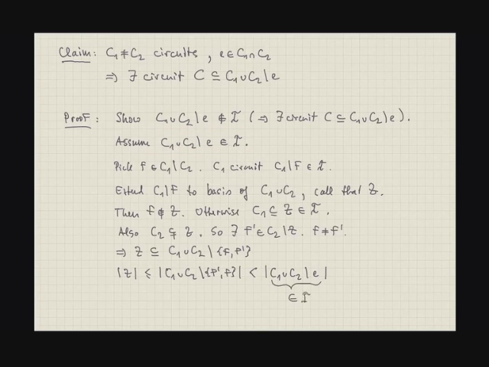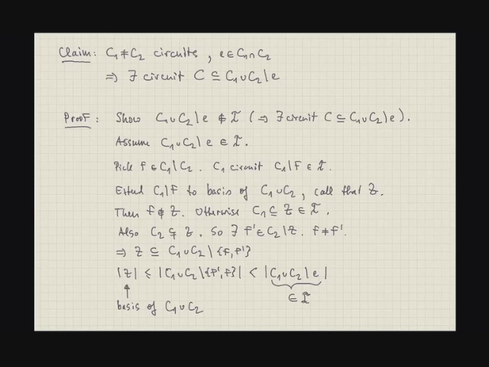What again was this set Z here that was supposed to be, or by definition, a basis of the union of these two circuits, C1 and C2? And I claim that I now have a contradiction. Why is that?